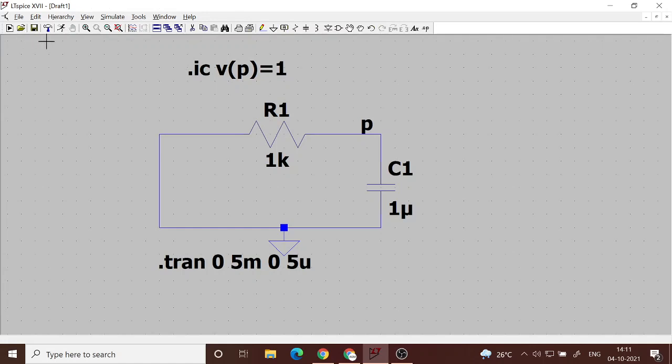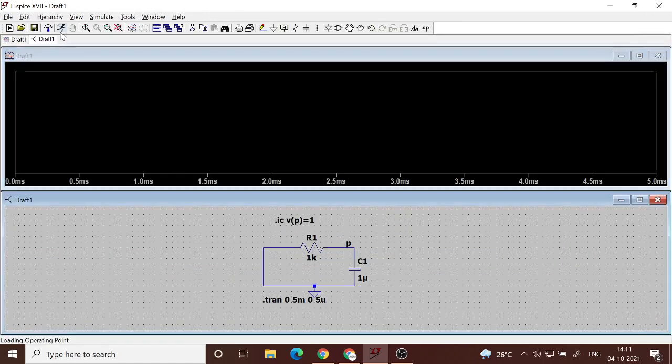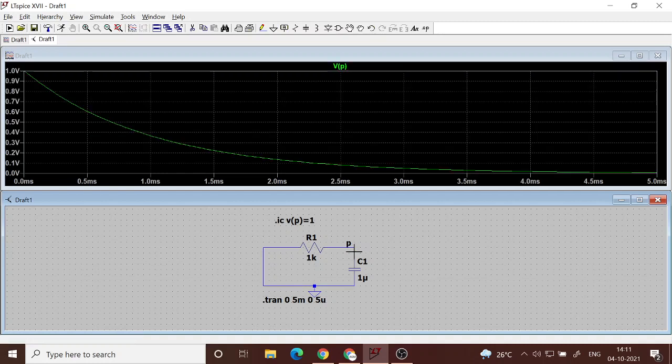Now if I run this simulation and look at what happens to the voltage, you see that I get a voltage which is exponentially decaying from 1 volt, which was my initial voltage. So I specified there is a non-zero initial condition, which was 1 volt. I could specify -1, +1, +2, whatever I want.